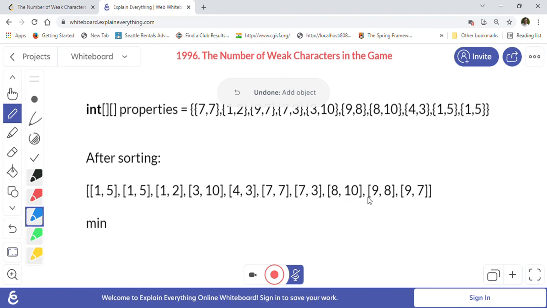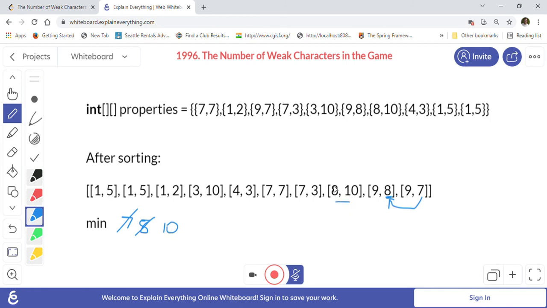In this case, first the minimum variable will be 1. Once we move forward, we will keep updating it. We will update this minimum to the next maximum of 7 comma 8. The maximum of 7 comma 8 is 8, then after that 10 will come, so min becomes 10, right? That is how we want to do it.